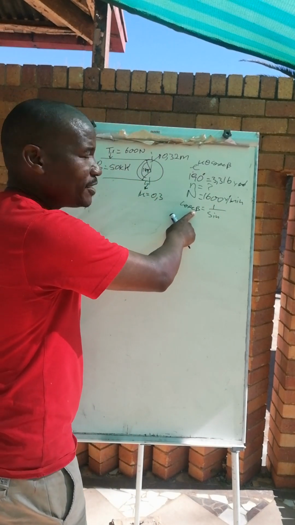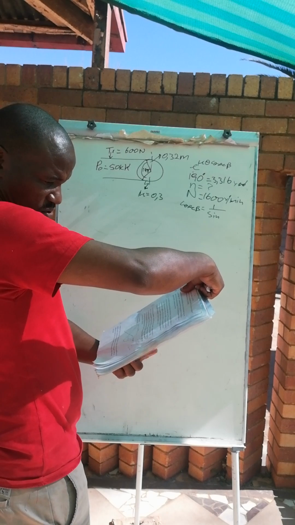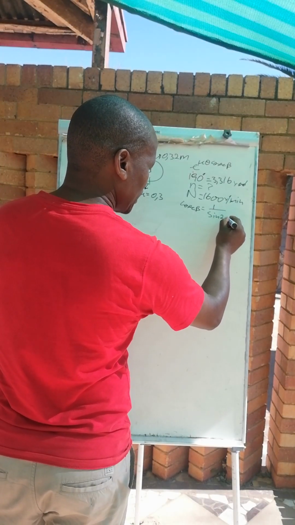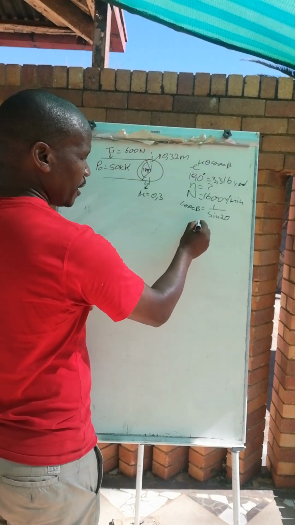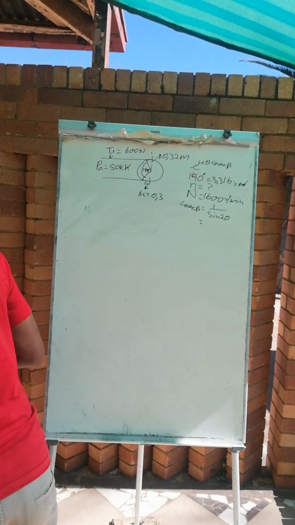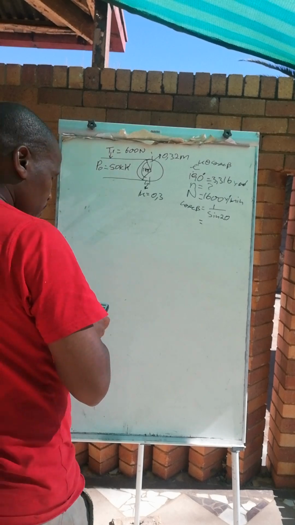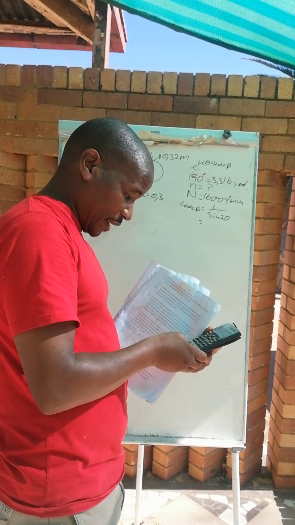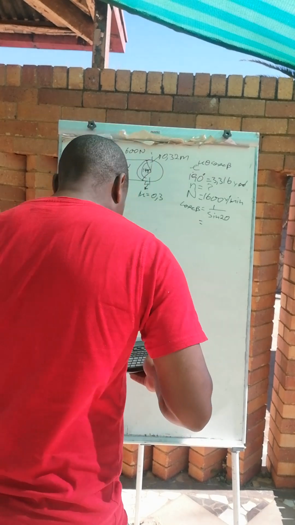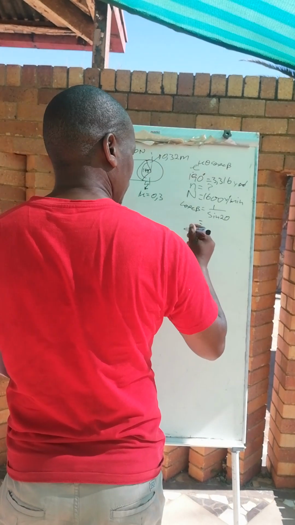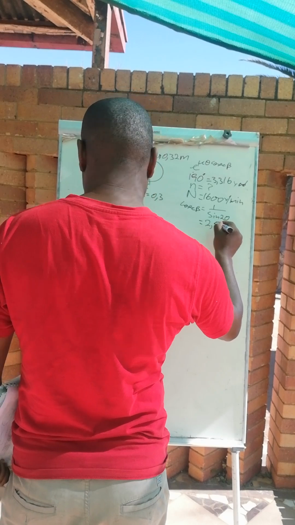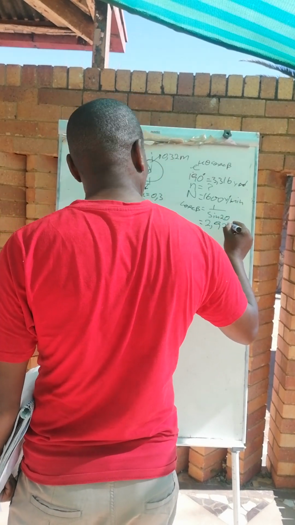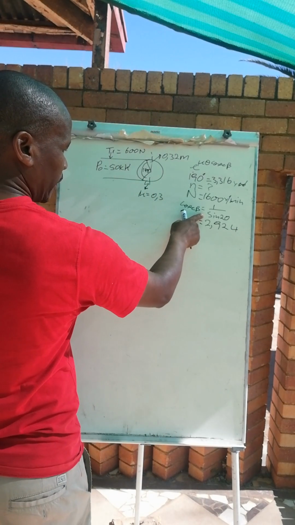You are told that the included angle is 40, and beta is half of that. So it's equal to 1 divided by sine of 20, which is 2.924.